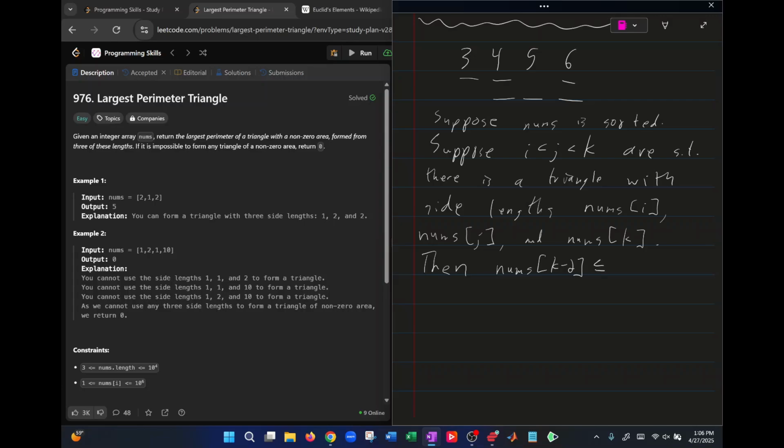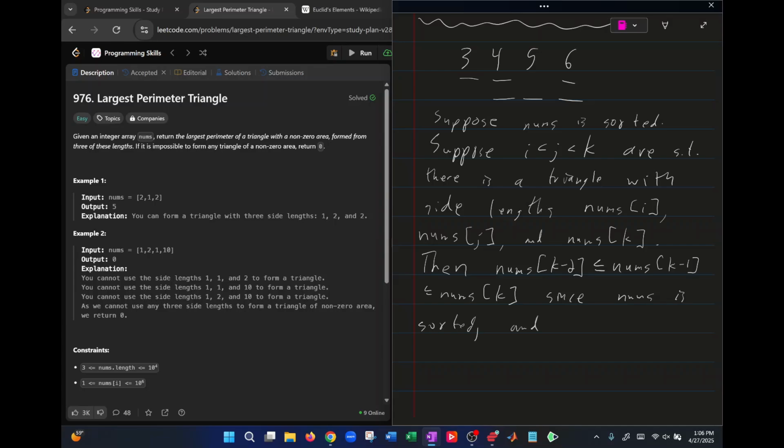We need to check that they're increasing, and this is true since nums is sorted.